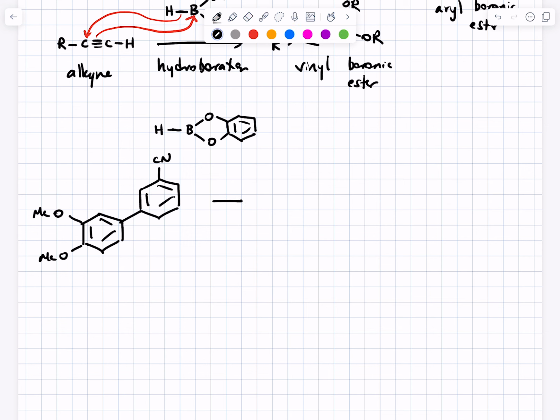Suppose you want to make this via a Suzuki reaction. So, which bond in this starting material can you make via the Suzuki reaction? The aryl-aryl bond, right? And in a Suzuki reaction, one side's got to be a halide and the other side's got to be a boronic acid or ester. So we'll use a little red squiggly line to indicate that we're going to make that bond. Choose which side you want to be the halide and which side you want to be the boronic ester.